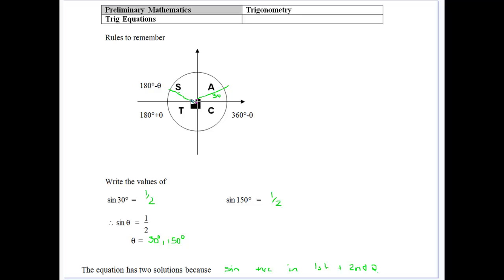So anytime the point on the circle is at those points, sine of the angle they create will give me a half every time. So really, we've got an infinite number of solutions. We don't really want to go to those in this course, because it's a bit hard to write down. Extension 1 and Extension 2 will deal with that sort of work. But here, we just really want to limit our domain.